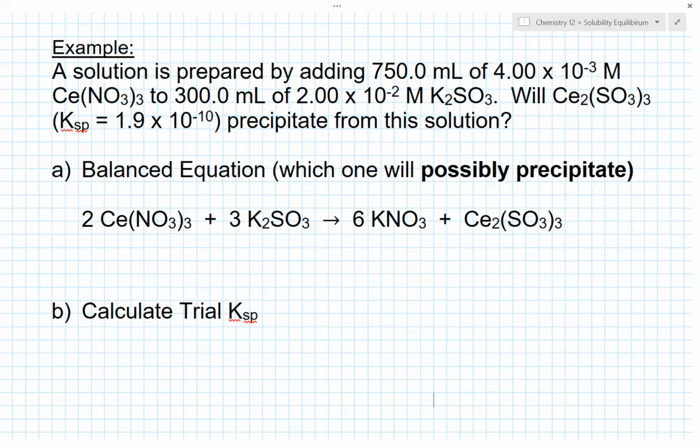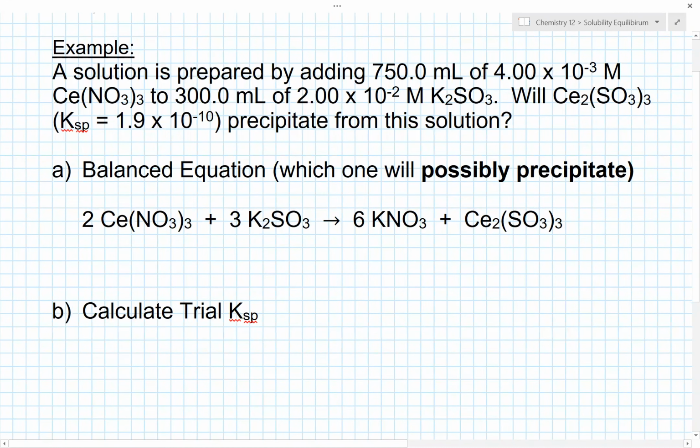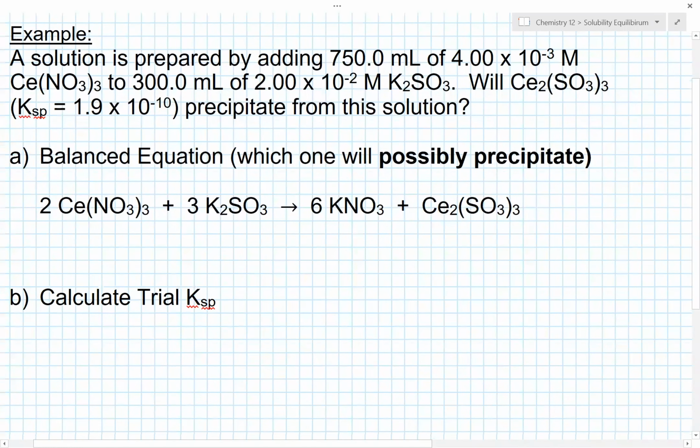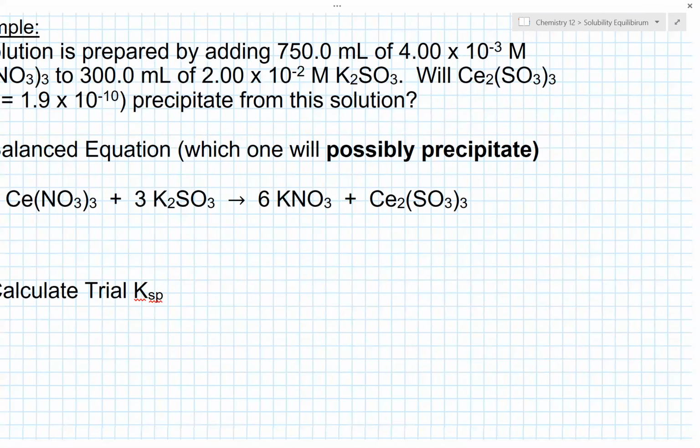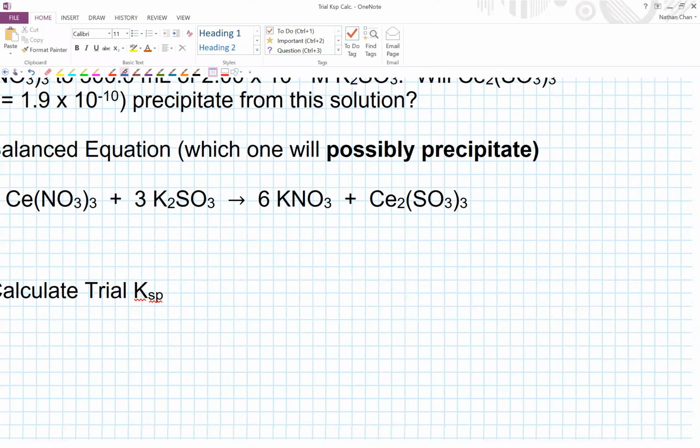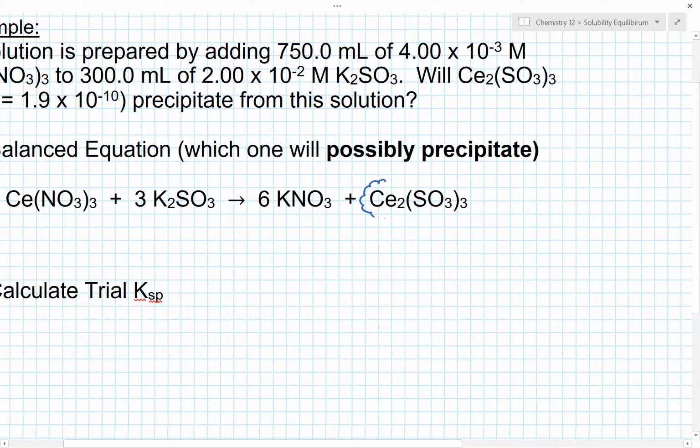The first thing you should always do is write the balanced equation, and try to find out which one will possibly precipitate. So when you write out this double replacement reaction, using the solubility table, you will find out that cerium sulfate will precipitate.